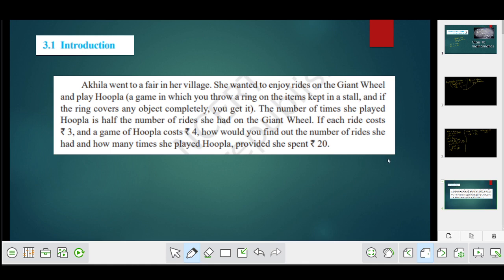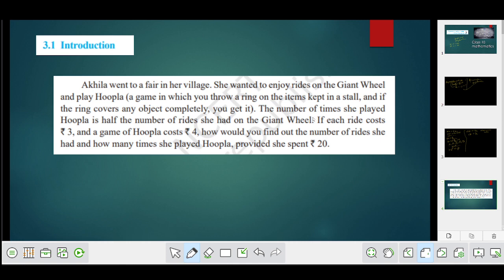Then let's start to understand chapter three, which is pair of linear equations in two variables. Here, Akhila went to a fair in her village and she wanted to enjoy rides on the giant wheel and play hoopla, a game in which you throw a ring on items kept in a stall, and if the ring covers any object completely, you get it.